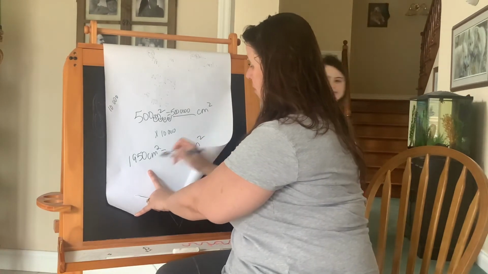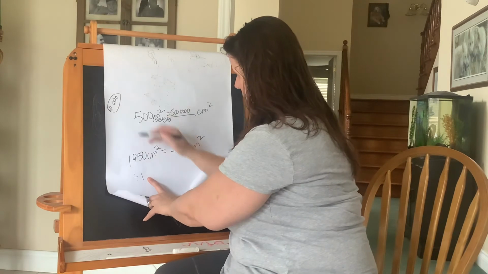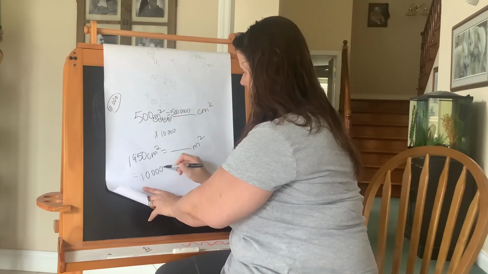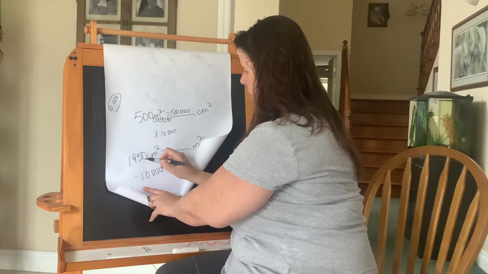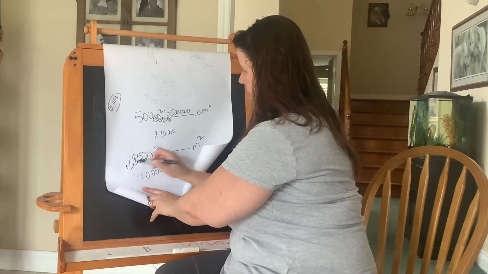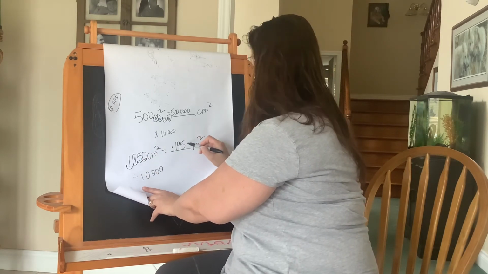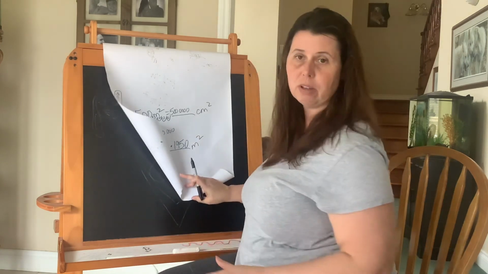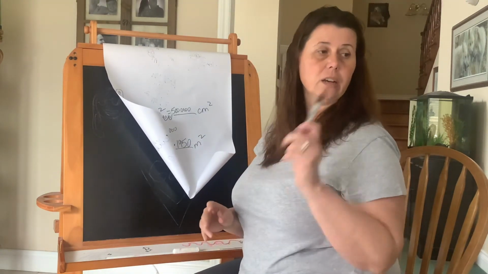So I need to divide, and I know that it's 10,000 because I've written it down to remind myself. Right? 1, 2, 3, 4 zeros. My decimal's here. It's got to get smaller. So I'm going this way. 1, 2, 3, 4. So now it's going to end up over there. Decimal 195. You can add the 0 or not add the 0. It makes no difference because it's at the end. Your choice. Okay? Pause the video.